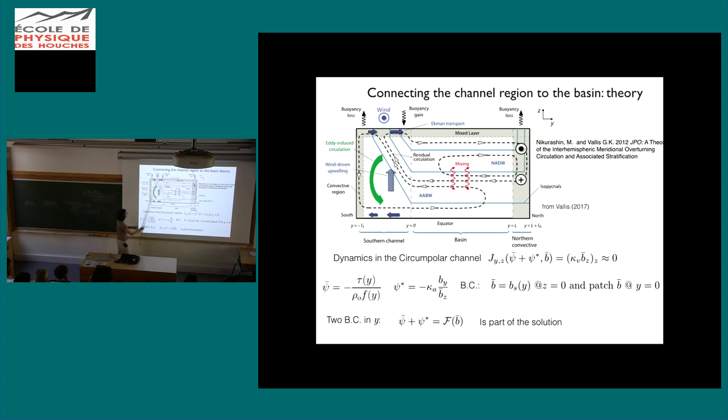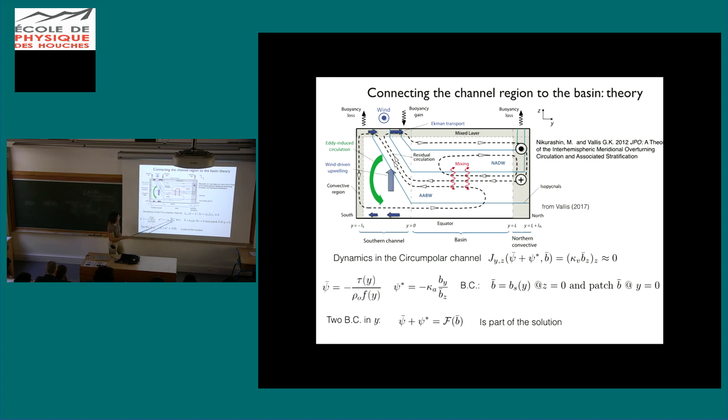So we've calculated the stratification in the channel, assuming zero residual circulation before, and now we're going to assume non-zero residual circulation. But in order to know what that residual circulation is, we have to connect it to the other end of the world. Okay, and so this is a simple model that does that.